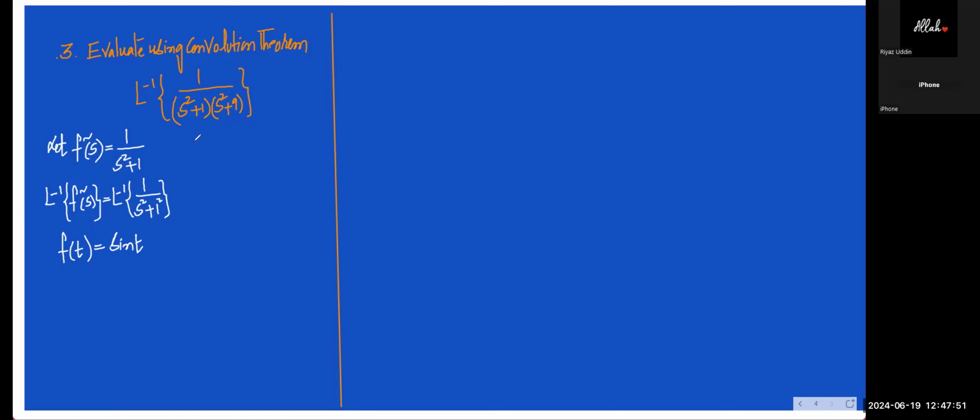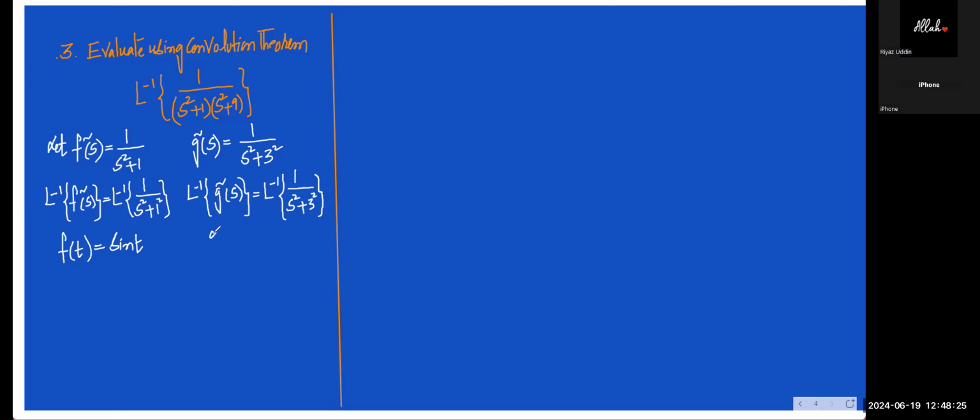Next, let us assume that g bar of x is equal to 1 by x square plus 3 square. The perfect square did not remain, so this method will not work. Laplace inverse of g bar of x is equal to Laplace inverse of 1 by x square plus 3 square.